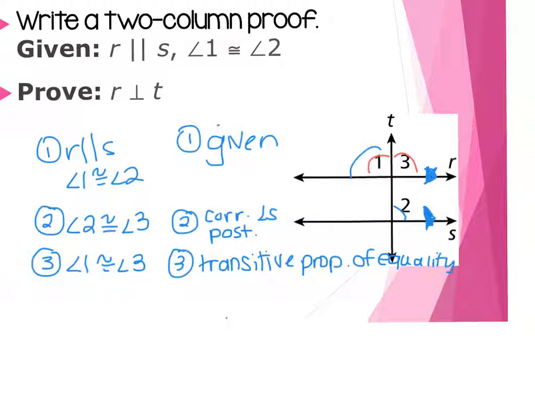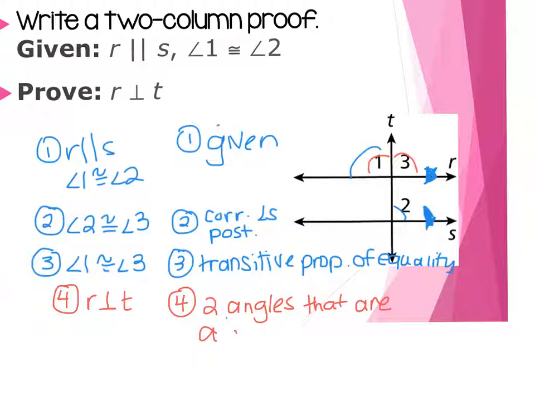If we go back to the theorem, do we have two angles that are linear pairs that are congruent? Yep, so I can go to the prove, which is R is perpendicular to T, and I can say two angles that are a linear pair and congruent form perpendicular lines.